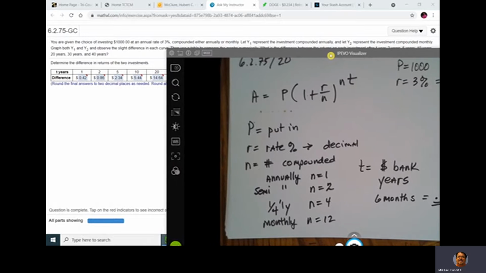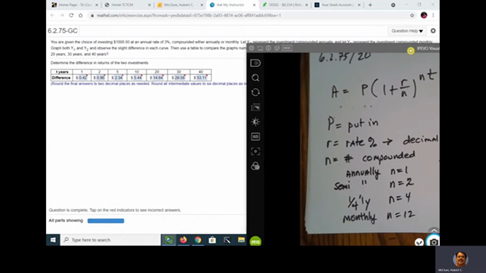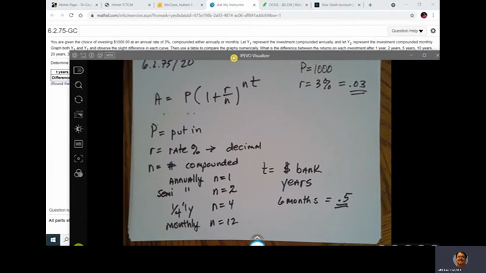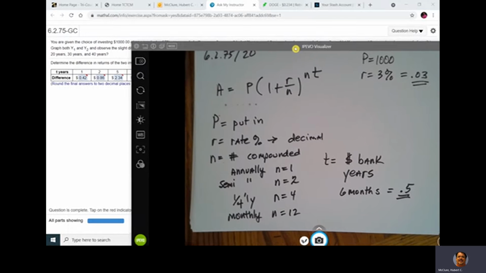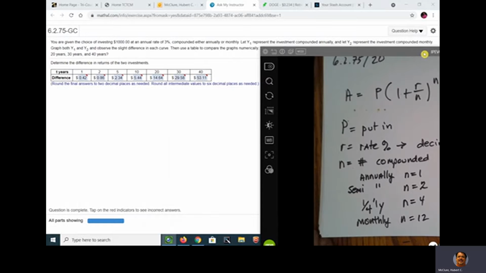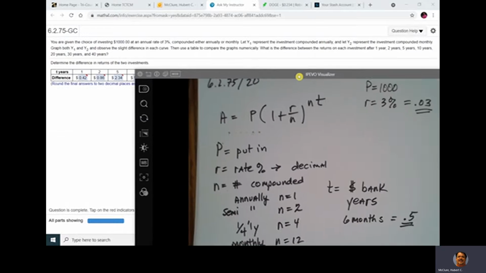Let Y1 represent compounded annually, so n is equal to 1. Y2 is compounded monthly, n is equal to 12.